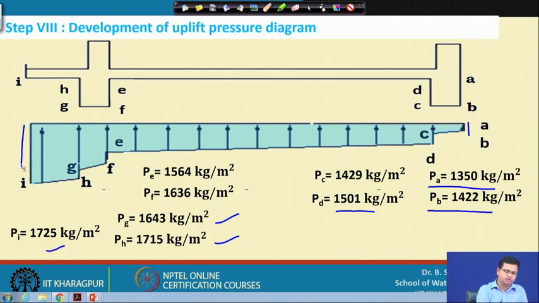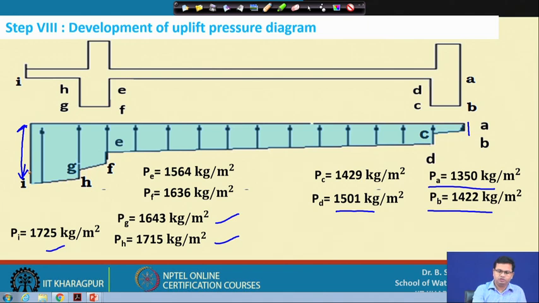So, that means this value is 1725 kg per meter square. By knowing these pressure values, we have developed our uplift pressure diagram.